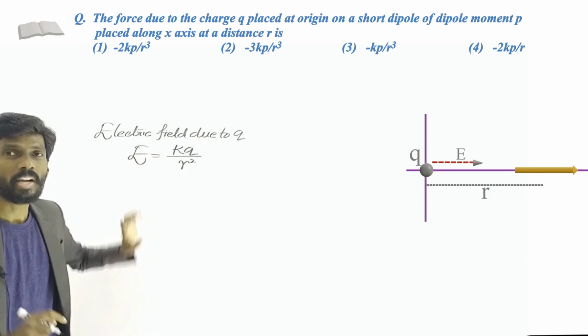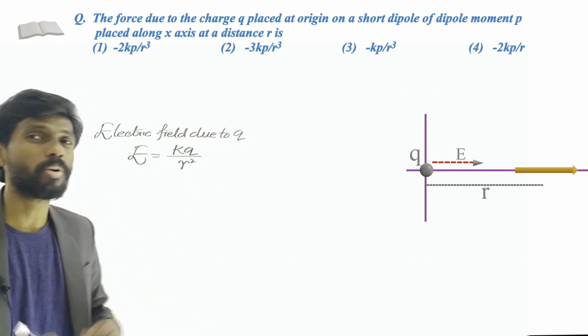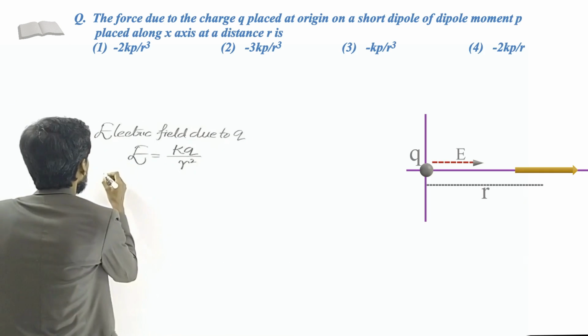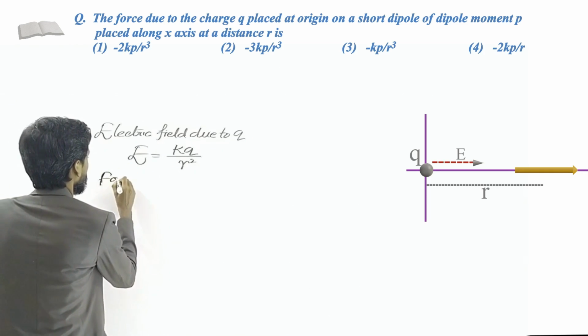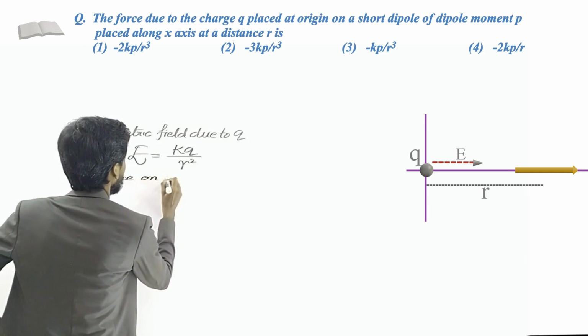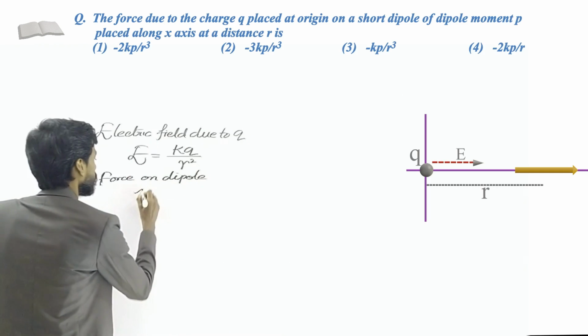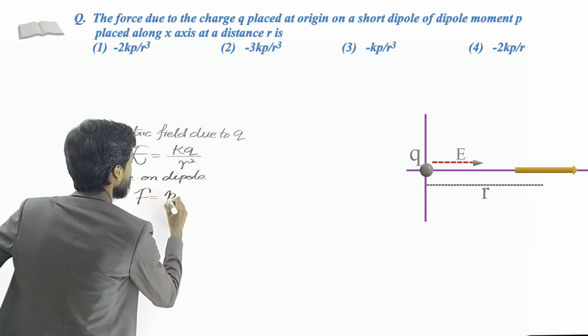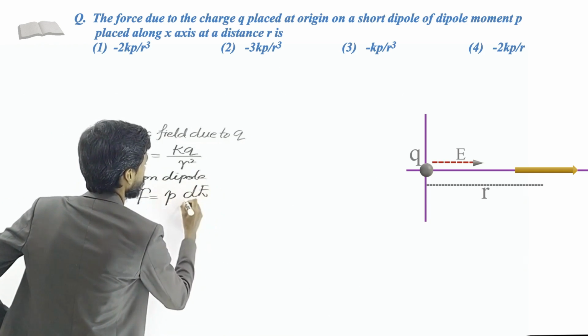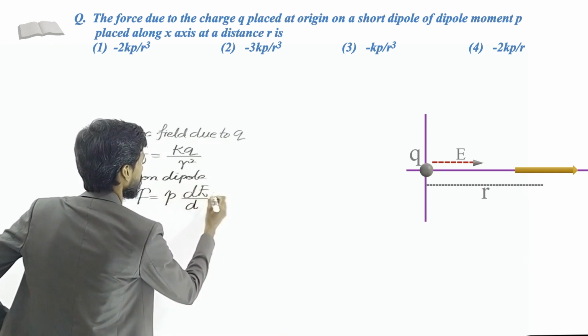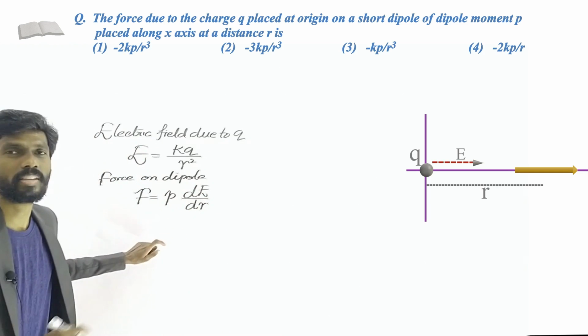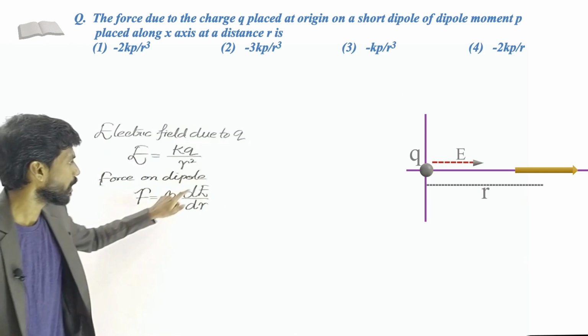Now what is the formula for the force due to a non-uniform electric field? The force on the dipole is p multiplied by the derivative of the electric field, dE/dr. Here r is taken as the distance, so d by dr.